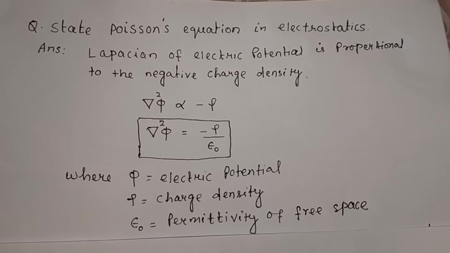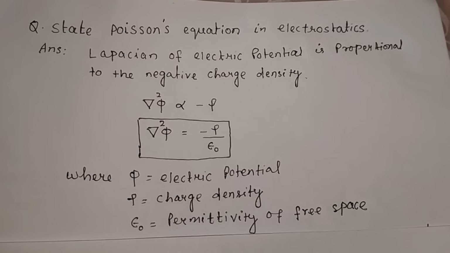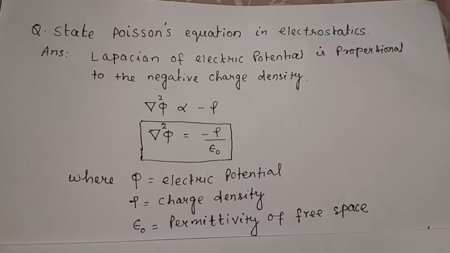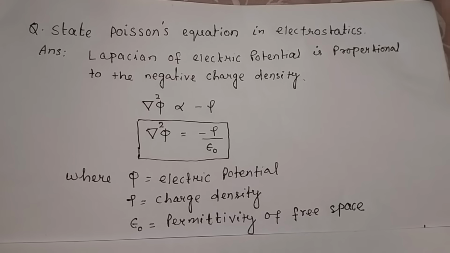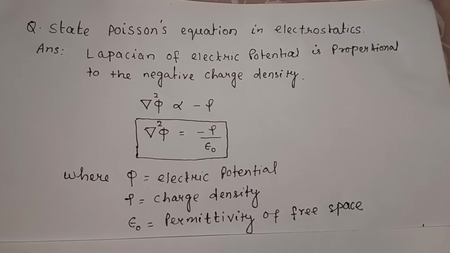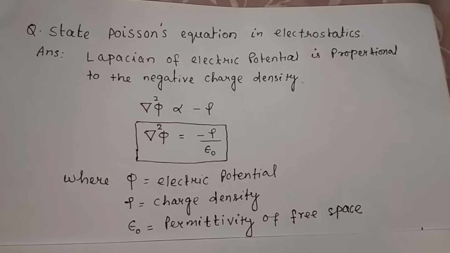State Poisson's equation in electrostatics. According to Poisson's equation in electrostatics, the Laplacian of electric potential is proportional to the negative charge density.